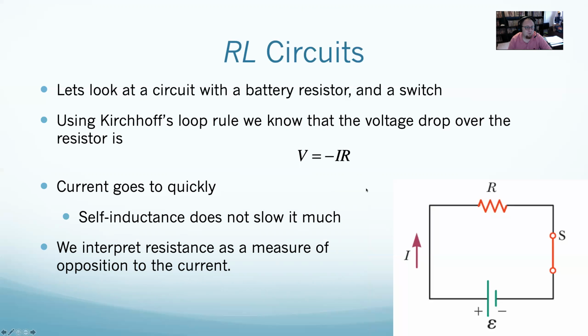And keep in mind, we view resistance as opposition to current. So with time we'd go from a potential of 0 on the resistor to a potential on the resistor equal to the battery. It's not going to be instant because of the self-inductance, but it'll go pretty fast.